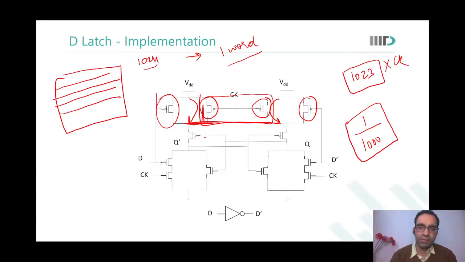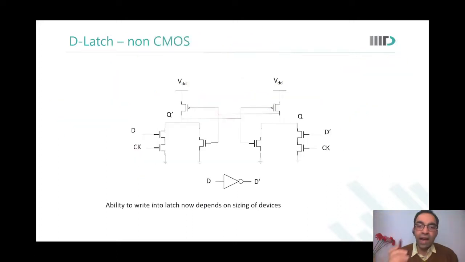Are you able to see this? Yes, sir. So this one cell, the selected word, we will look at differently. But to save area, if I connect VDD there, I save 4 transistors. You see.